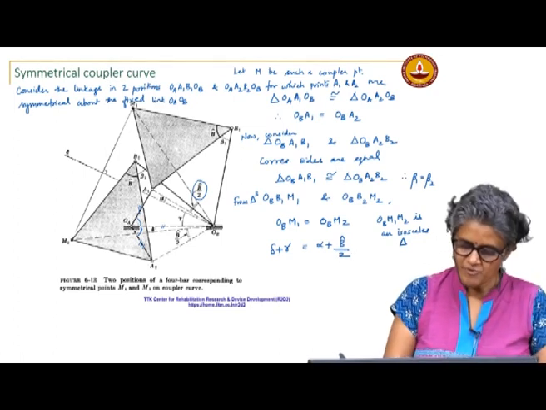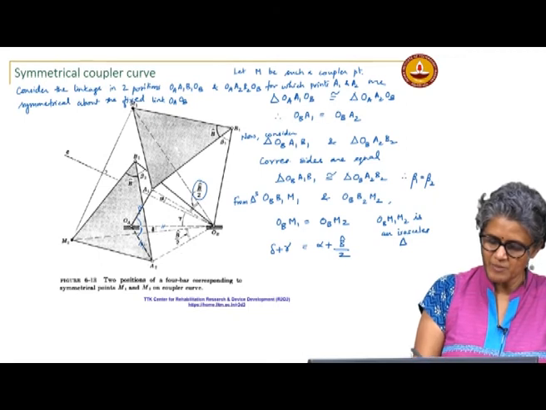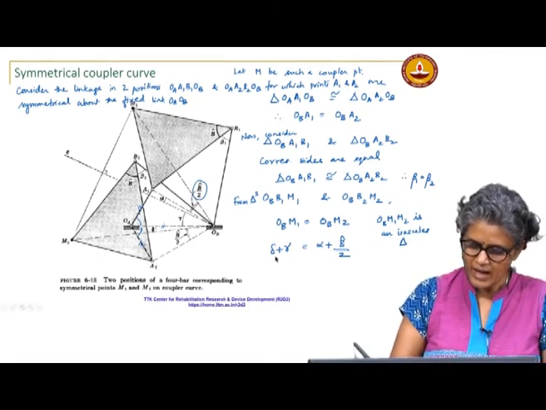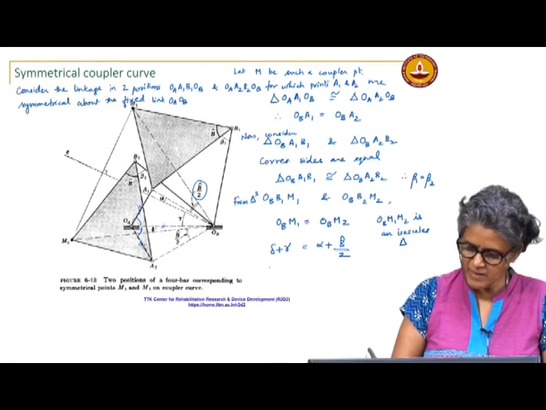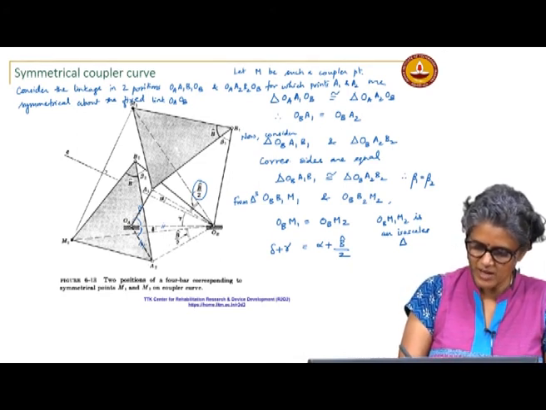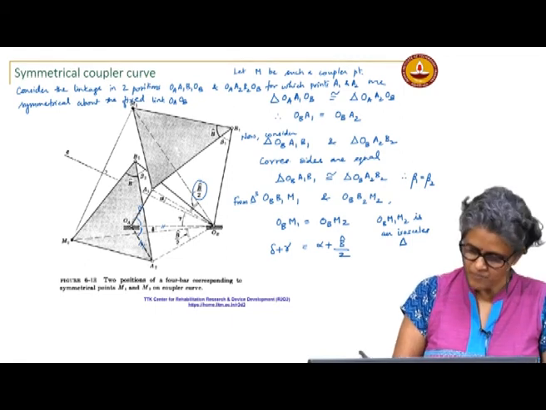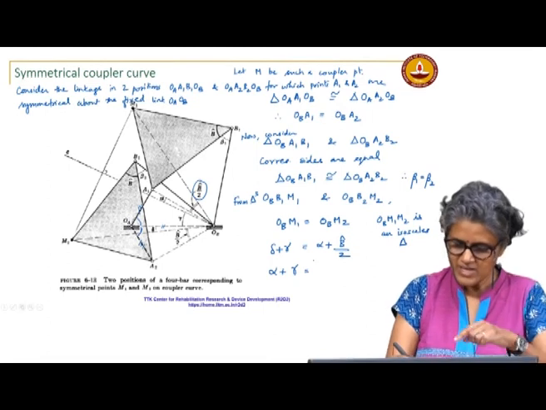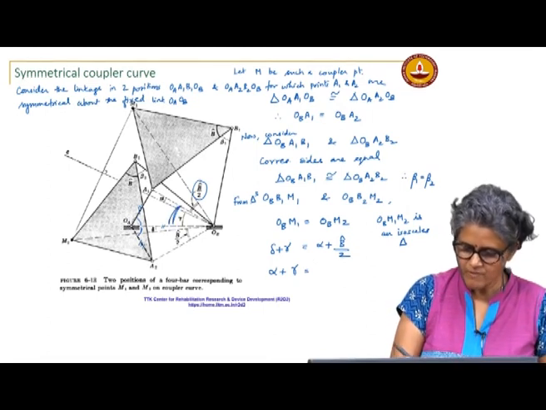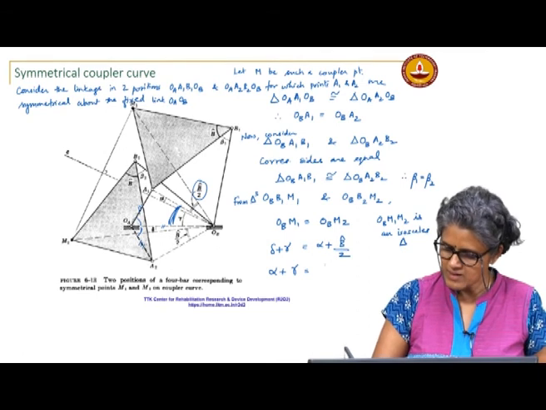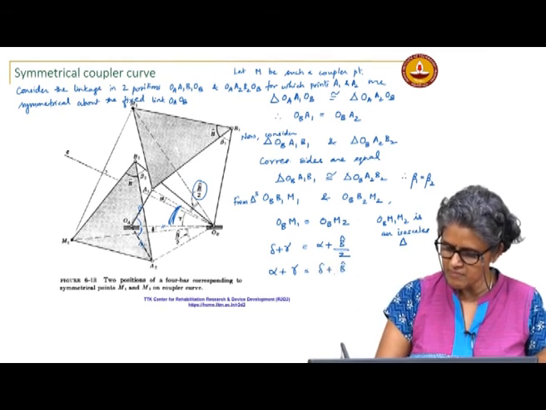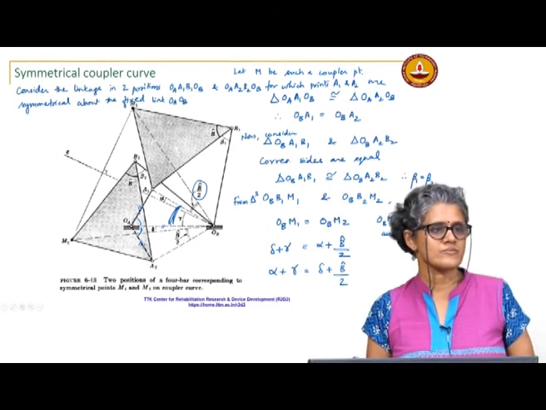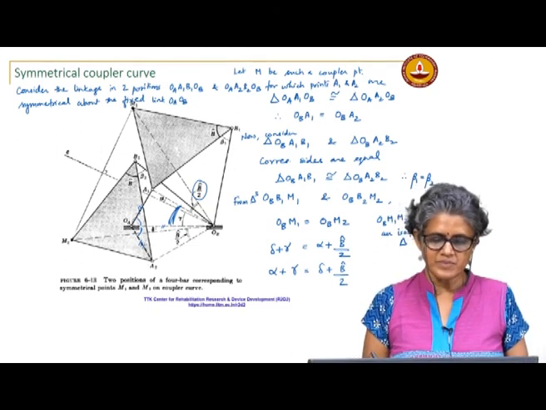Then from the other one, because these two are equal, I already showed that these two angles are equal, I have B cap by 2 plus alpha plus gamma, this angle, equals delta plus B cap by 2, from these two triangles.